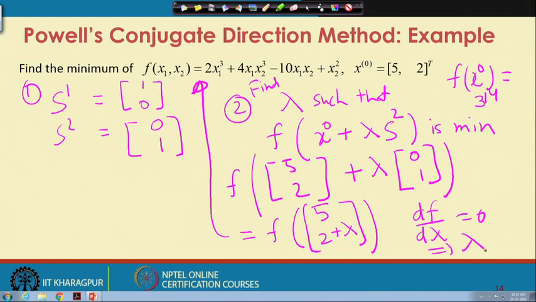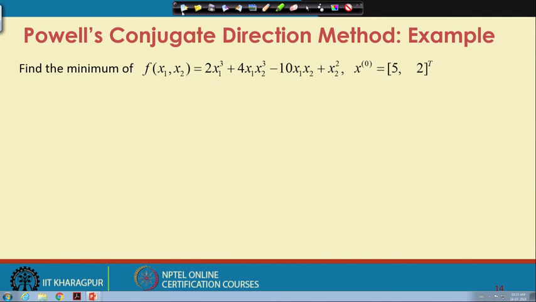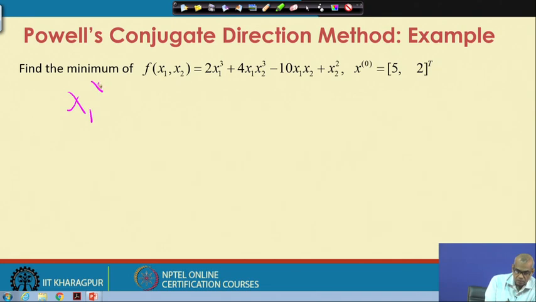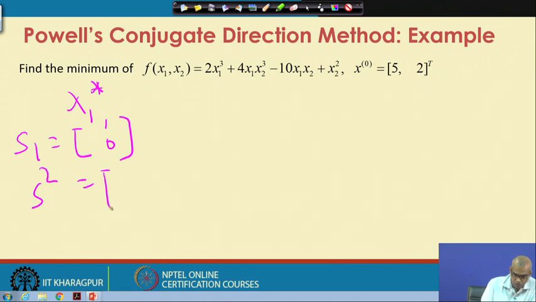Let us call it lambda 1 star, which I get while I minimize along the search direction S 2. Remember, my S 1 was (1, 0) and S 2 was (0, 1).